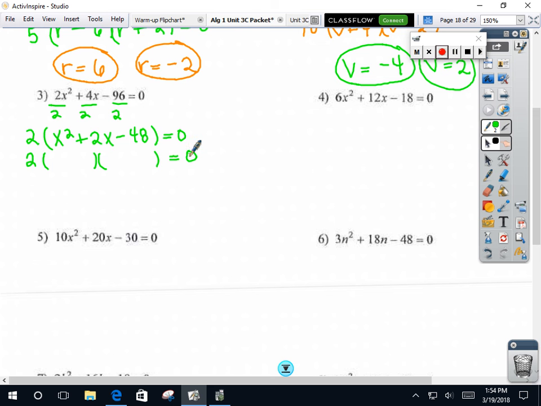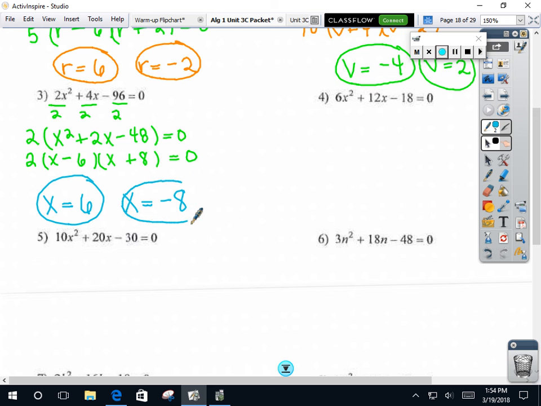And we can bubble method those by looking for the two numbers that multiply to make the c and add to make the b. Negative 6 and positive 8. And so that means the final solutions and where it would cross the x-axis are, right, and those are also the numbers that when plugged in the x places of the trinomial would produce a 0.